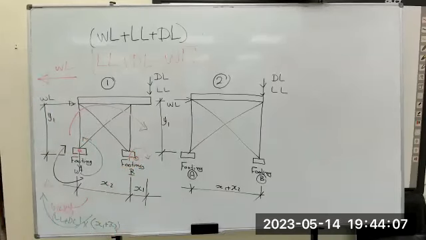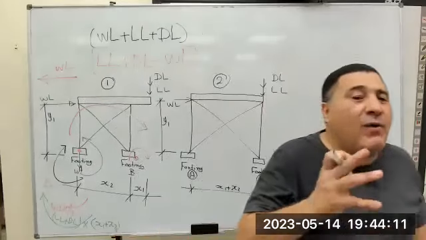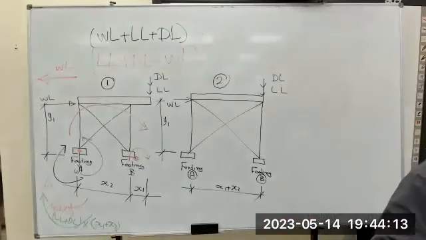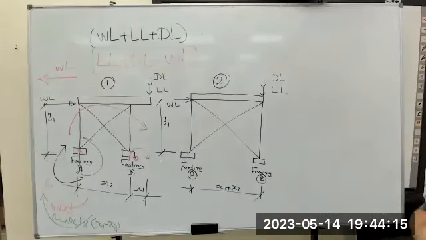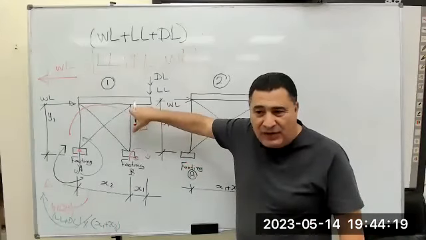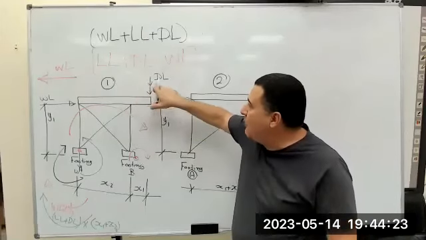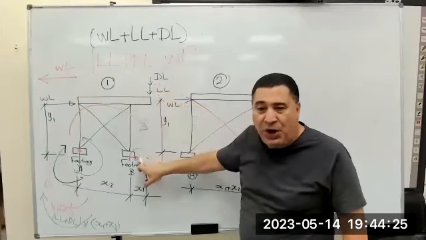Correct or not? What I did here, I am avoiding what? Overturning. I avoided it. Why? By decreasing the span here, coming from dead load, live load, this point.